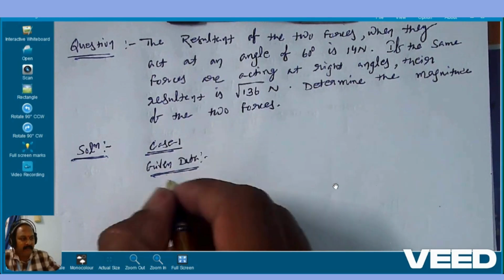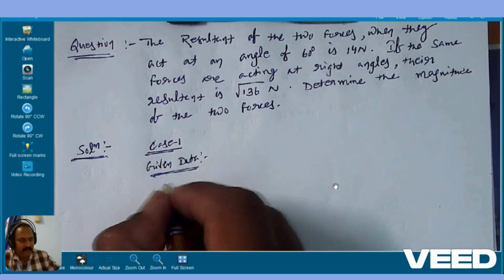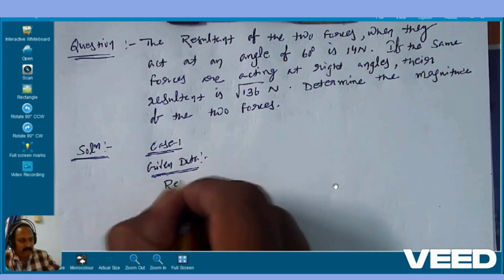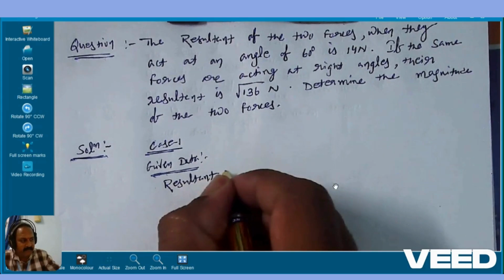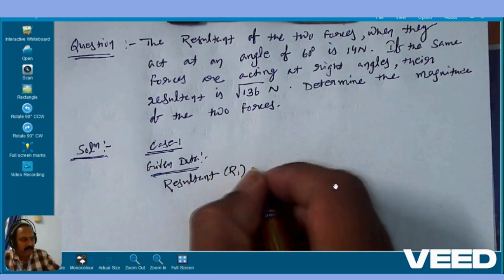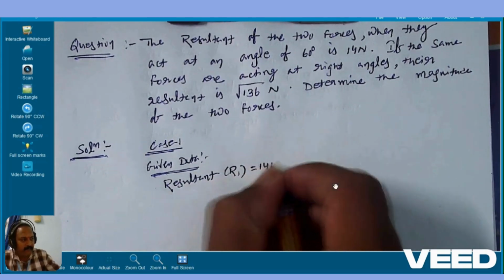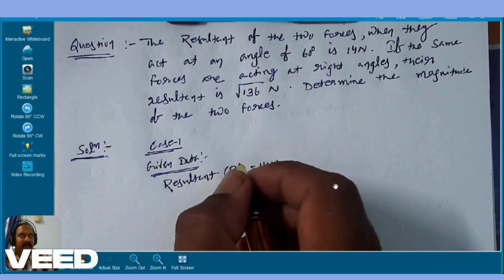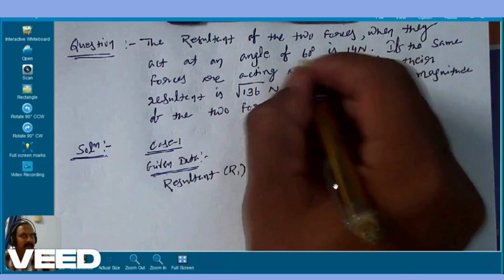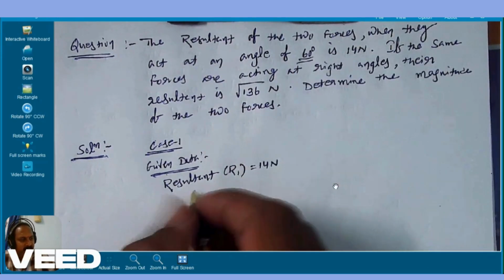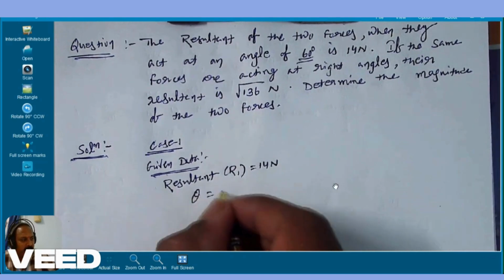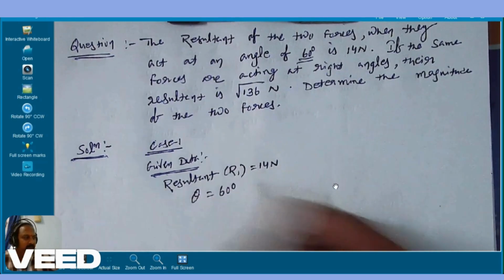So the resultant here we can take as R1. R1 is 14 Newton, and the angle between the two forces is 60 degrees, as given. So theta is 60 degrees. This is the first case.